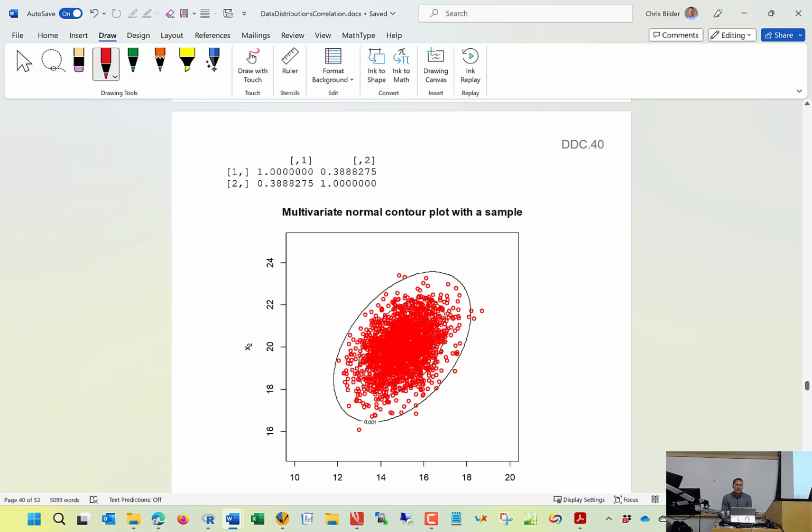So we can go back to what we just saw. If I wanted to check for 2 variables, I could do a scatter plot of the data, and if all the points follow the pattern of an ellipse, then it might be reasonable that a multivariate normal distribution holds for those 2 variables. But if you have 3, 4, or 5 variables, I can't necessarily do a plot like this.